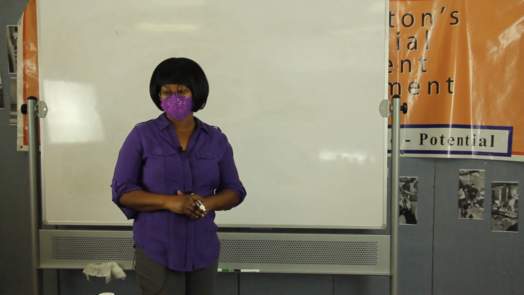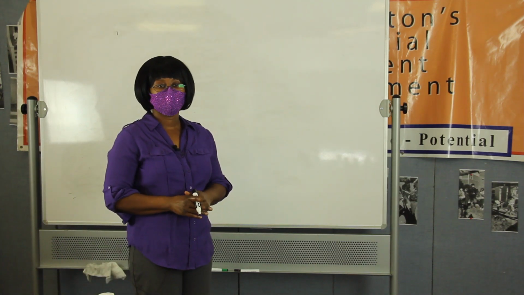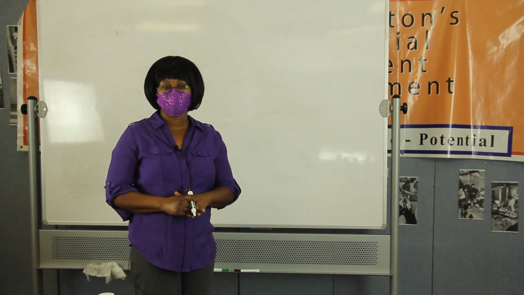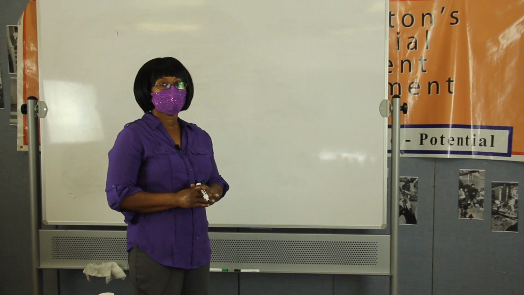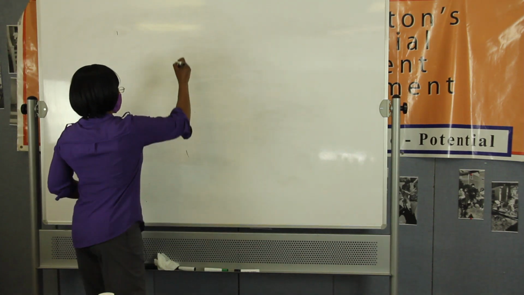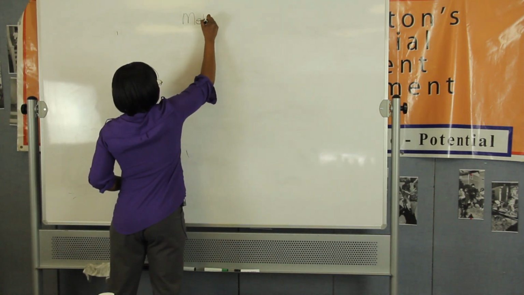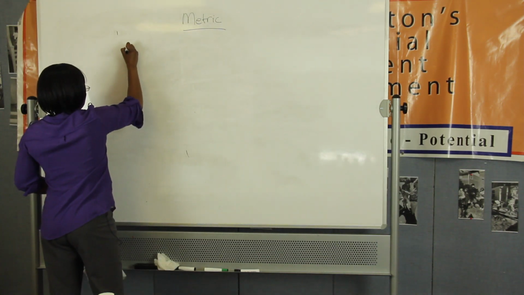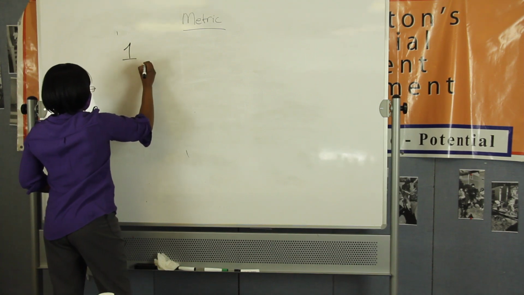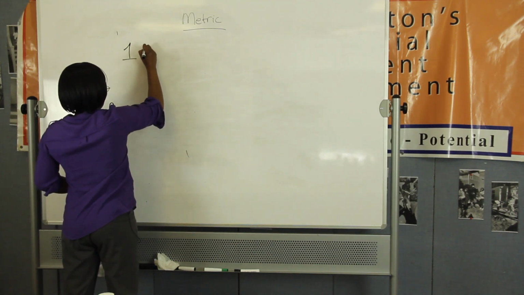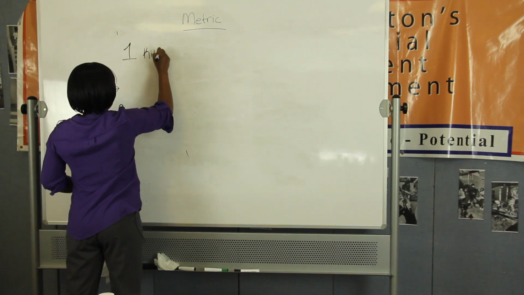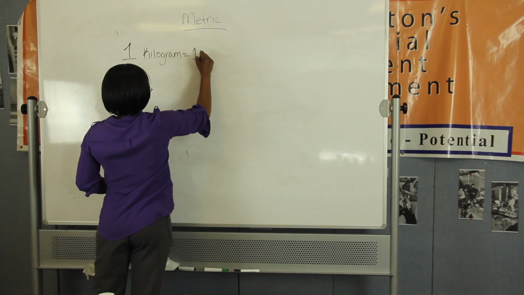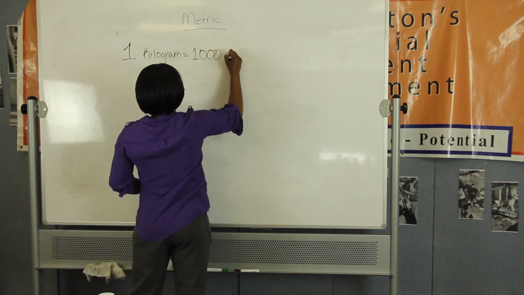So now that you know how to weigh the mass of an object using a scale, we're going to calculate using grams and kilograms, which is the metric unit for weight or mass. So 1 kilogram equals 1,000 grams.